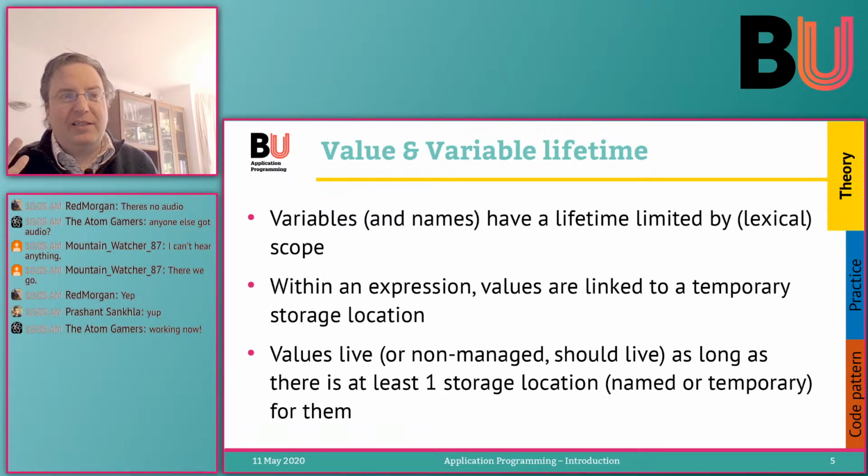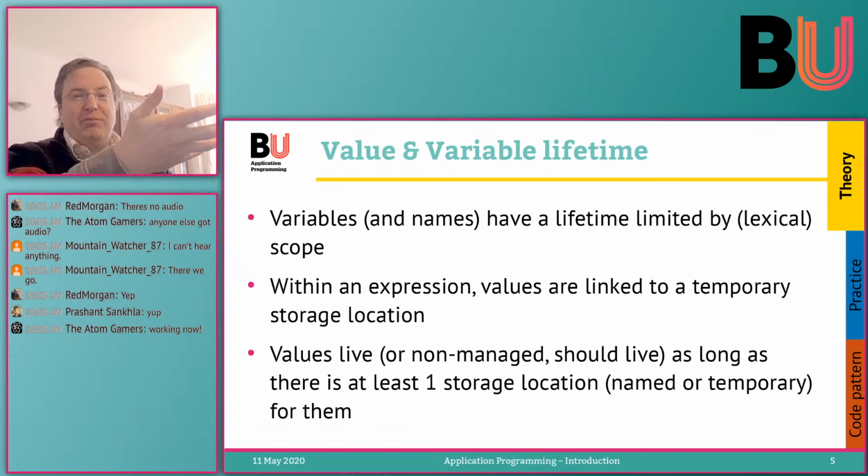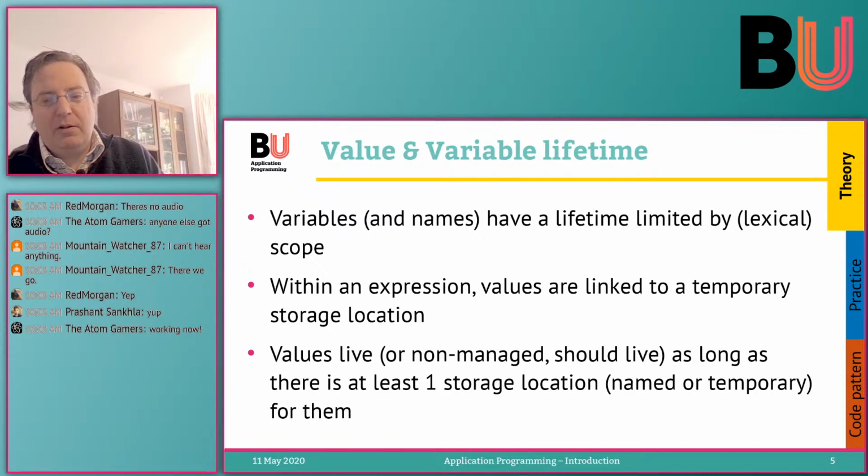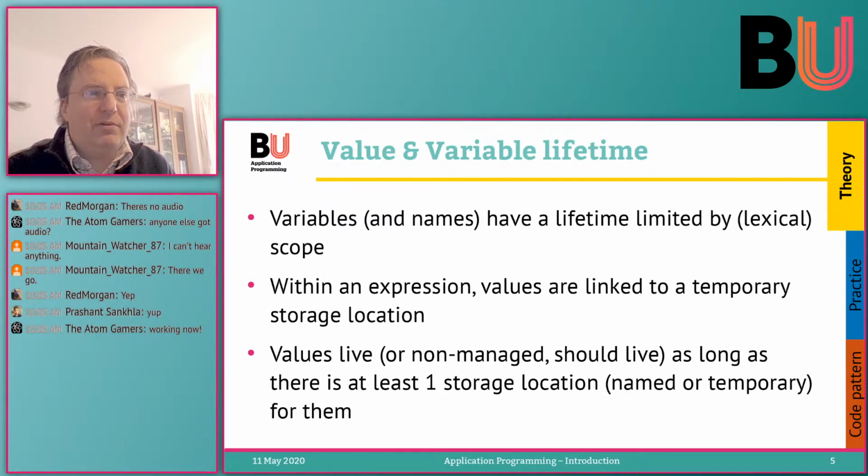And outside that block, the name just does not exist. Or it falls back to another thing with the same name. If you do that, that's called shadowing. Not a very good idea in general. Sometimes it's okay, but you need to be very careful that it doesn't become confusing. But a name that falls out of scope disappears.